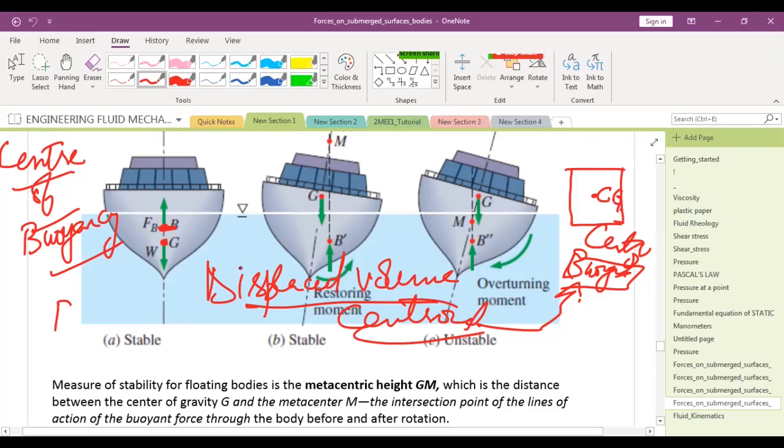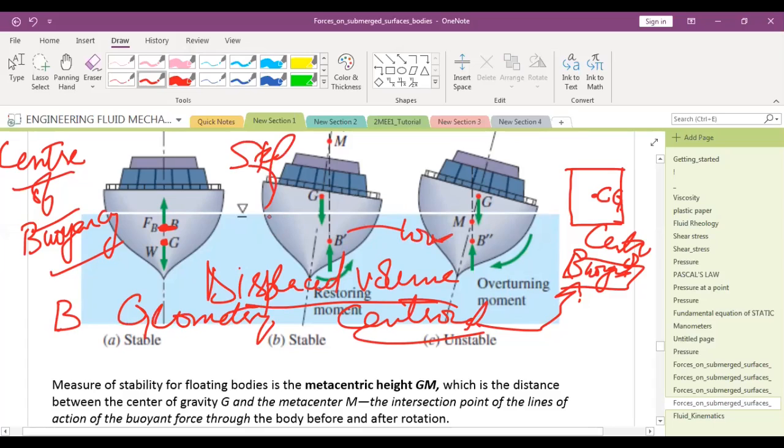Center of buoyancy depends only on geometry. So please remember, whether this is steel or wood, anything, this is the volume of displaced liquid. This is the volume within the liquid, the volume which has been displaced by this body, and in this case it was the volume displaced by the ship.